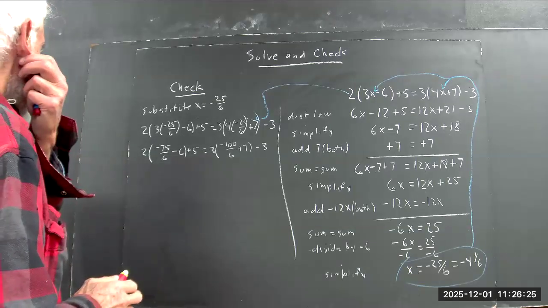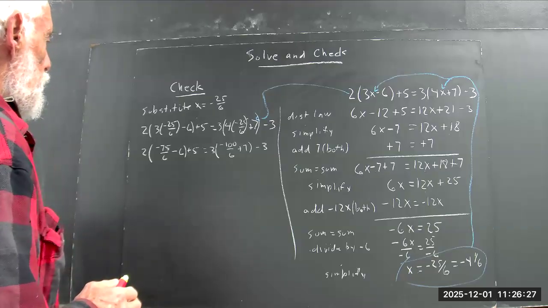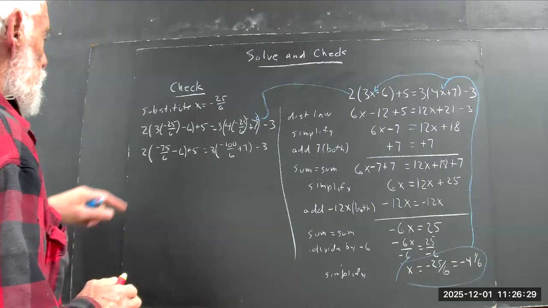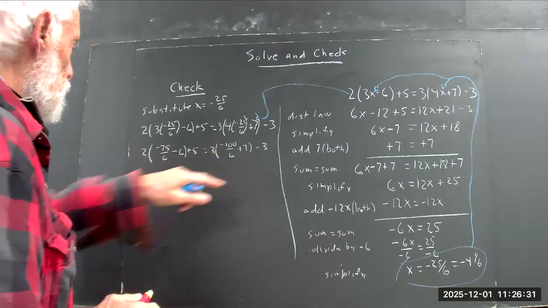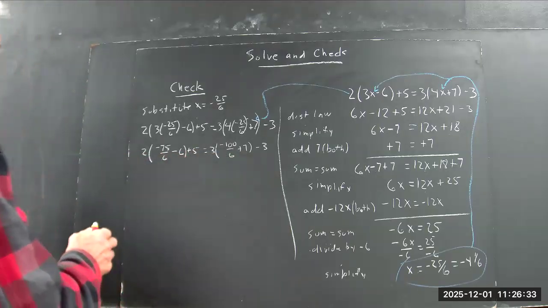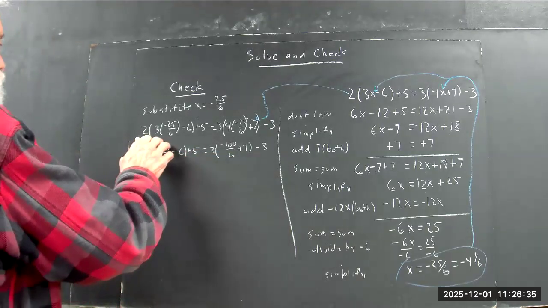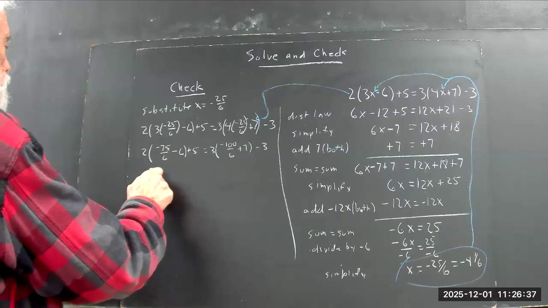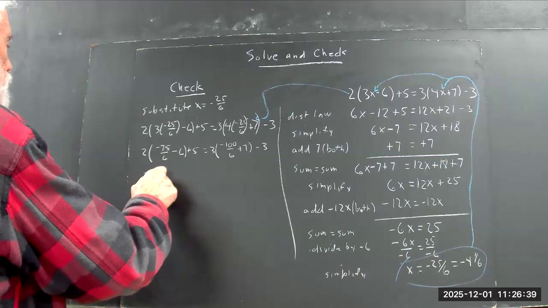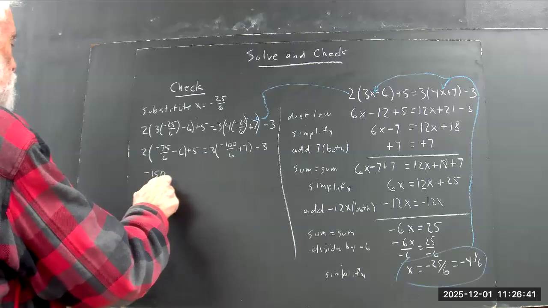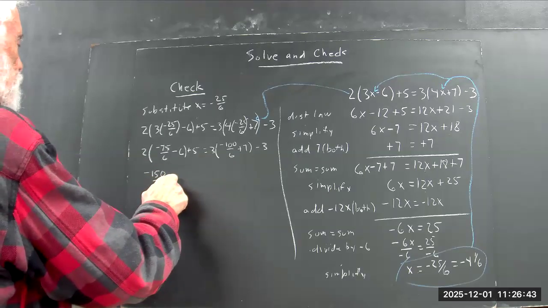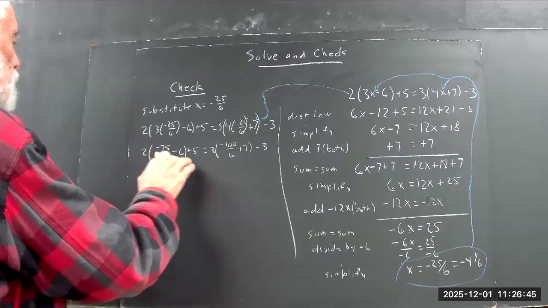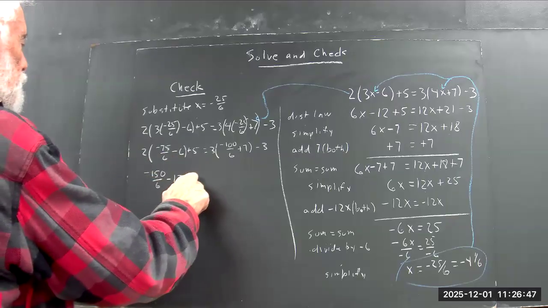I don't recommend doing that. I'm going to recommend that you use the distributive law here. 2 times negative 75 over 6 is negative 150 over 6. 2 times negative 6 is negative 12.